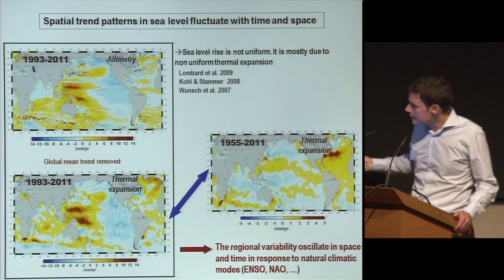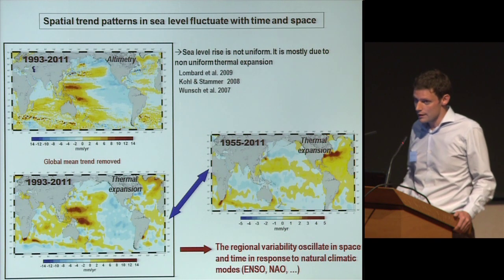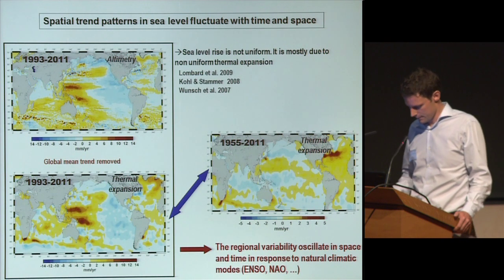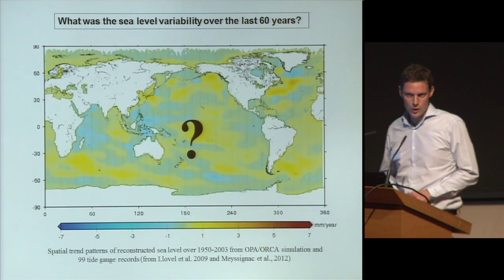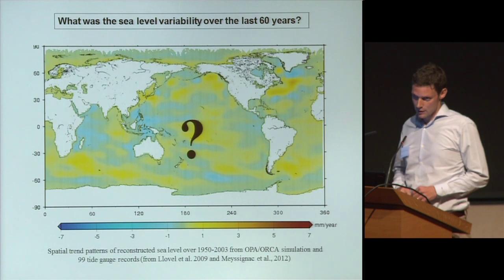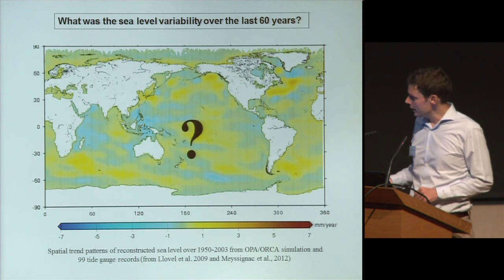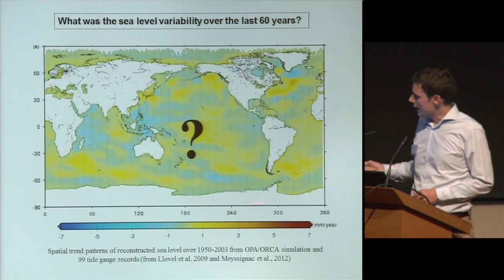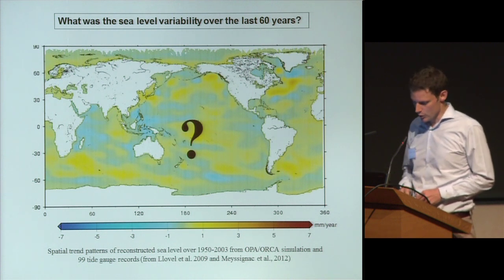So it's very likely that these patterns we're observing now with satellite altimetry have changed as well in the past, over the last 6 decades. But the main question remains. We want to estimate the past sea level at regional scale, but we know that it has changed with time and space, and we don't know how to estimate it in the open ocean.